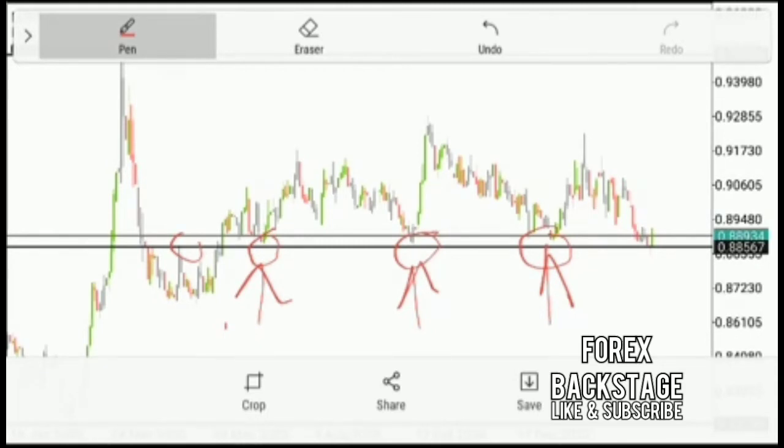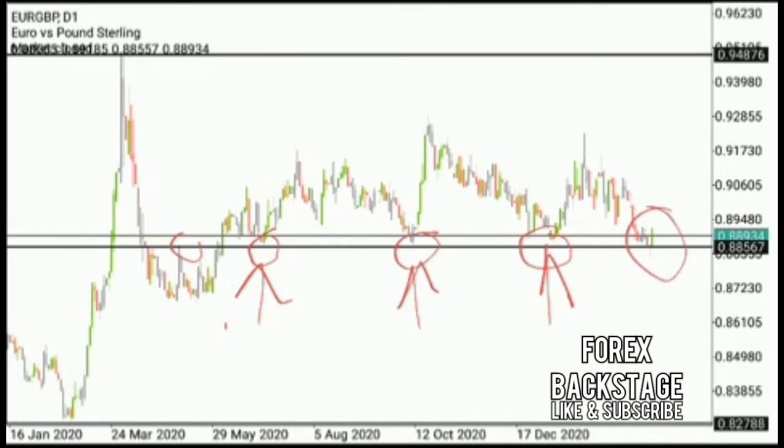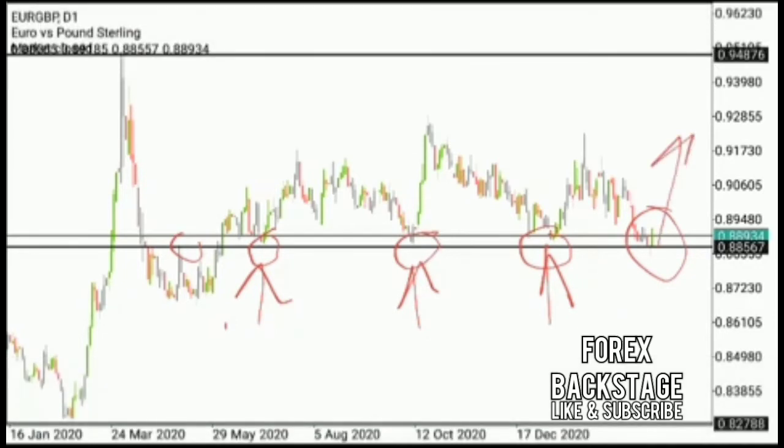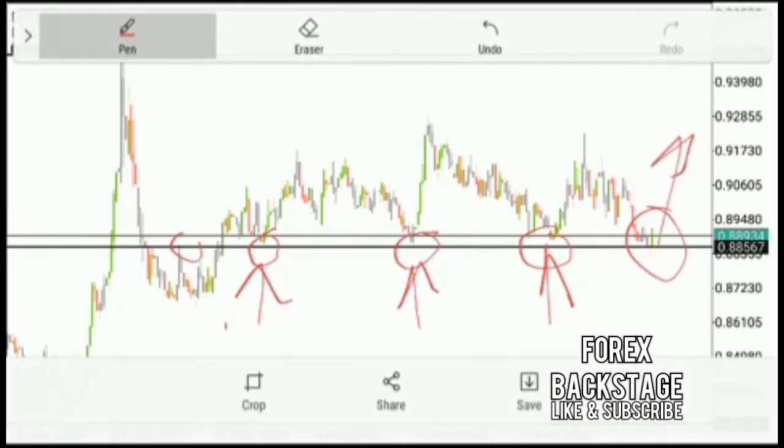So what we have here is very important. I'm anticipating price to move to the upside. Let me just save this for future reference.